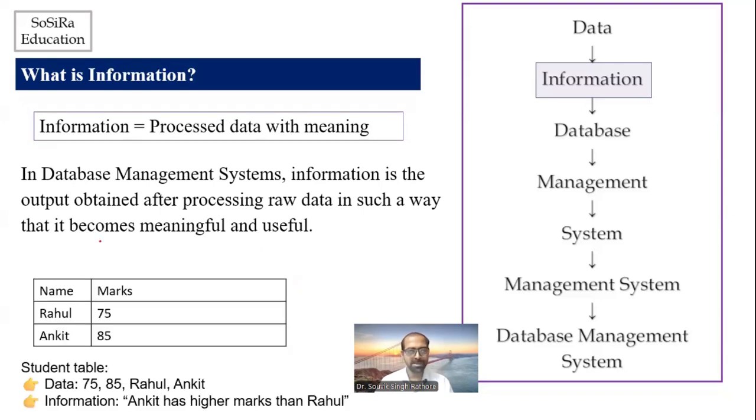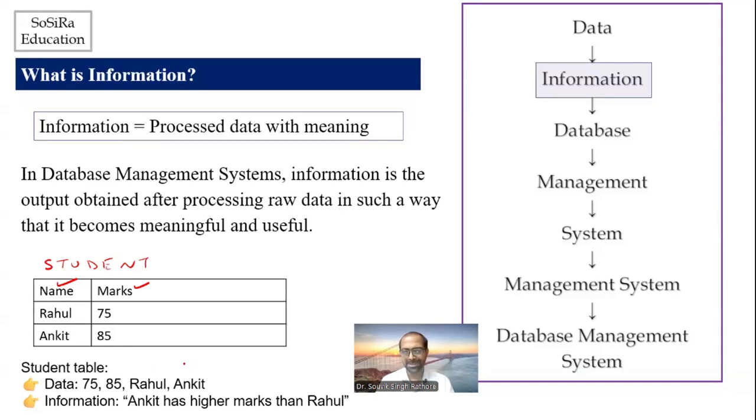For example, you have certain data. This is a student table, and it has certain names like Rahul and Ankit, and certain marks, for example 75 and 85. In this student table, the data is 75, 85, Rahul, or Ankit.